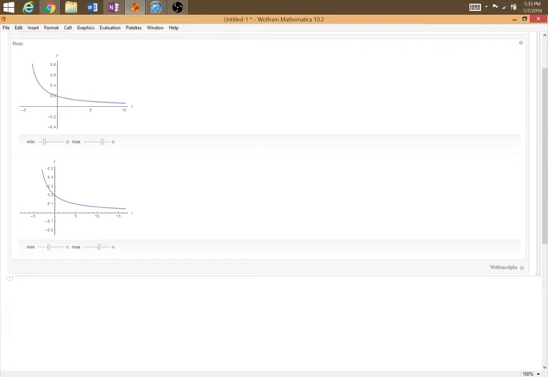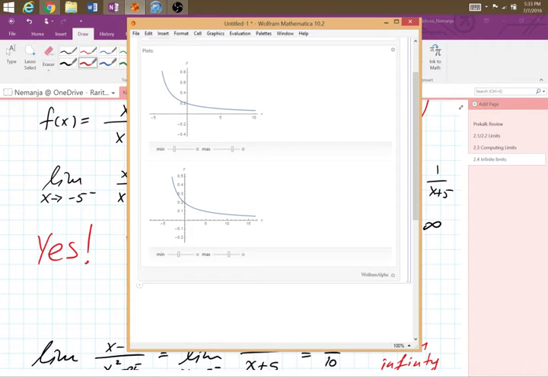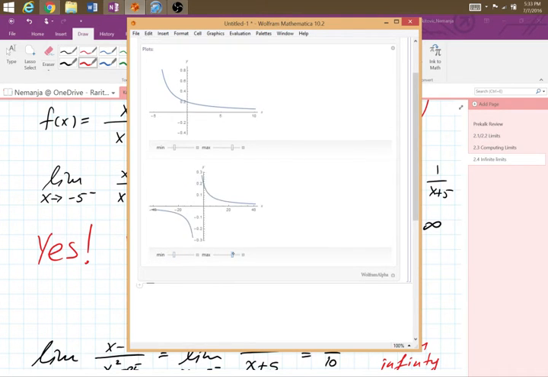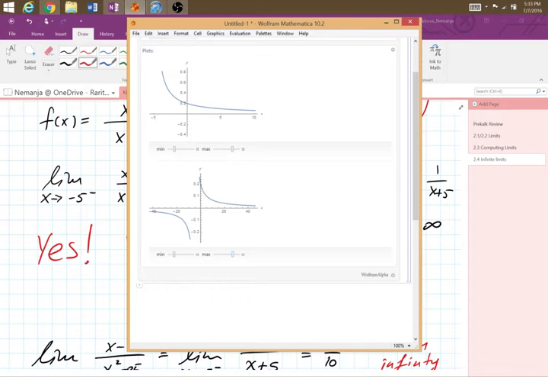All right, good. The most important part over here is to realize that we do have only one asymptote showing. Only one asymptote is present.